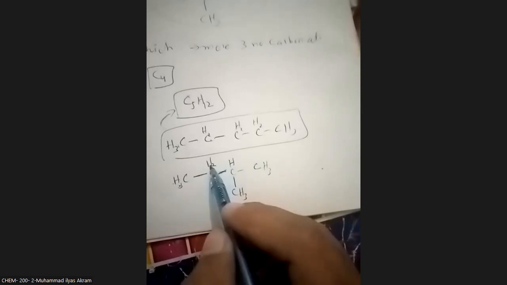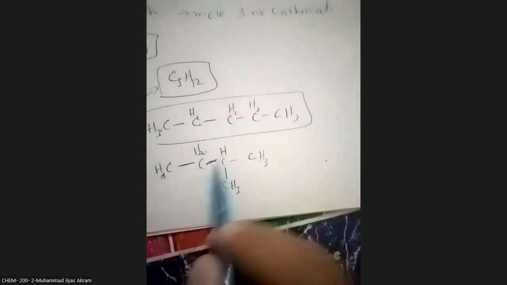So count them: 3 hydrogen, 2, 5, 3, 3 may form 6, and 3, 2, 5, and 1, 6. These compounds have 12 hydrogen. These also have 12 hydrogen, and these have 5 carbon, also 5 carbon, and this also has 5 carbon and 12 hydrogen atoms. So this is showing the open chain, while this is showing the branch chain.